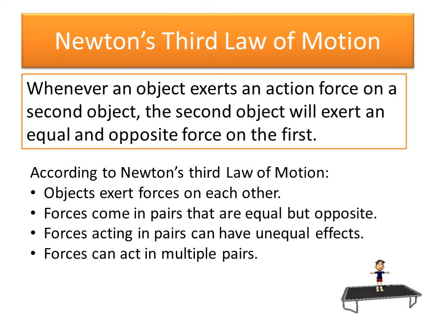Forces acting in pairs can have an unequal effect, like jumping on a trampoline. Usually the elasticity of the trampoline helps to exert more force on you to drive you up. Forces can act in multiple pairs. So whenever you jump on the trampoline, don't say that only your feet are touching the trampoline, so they are exerting the force on it.